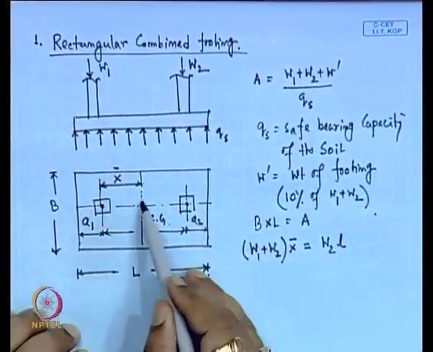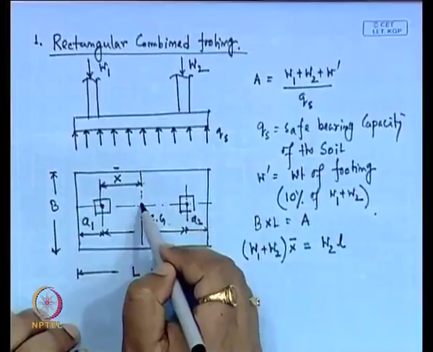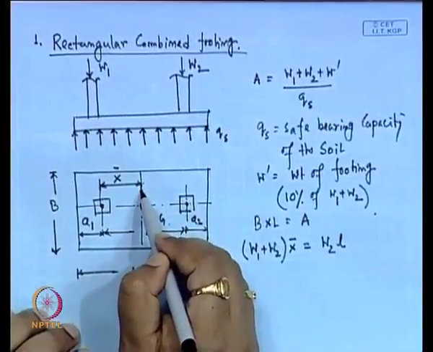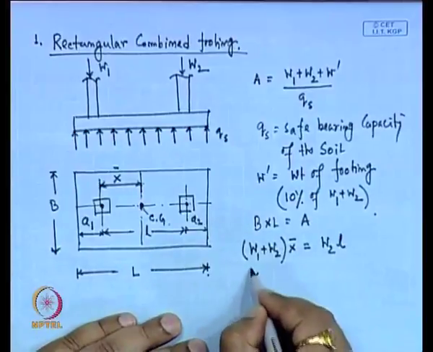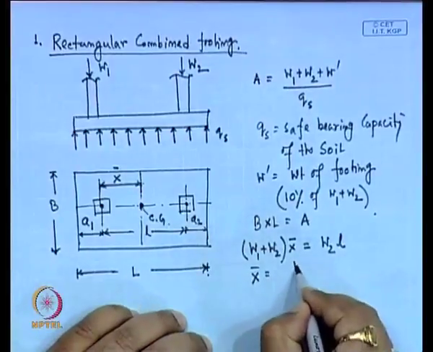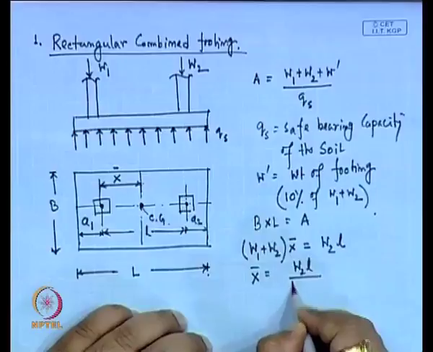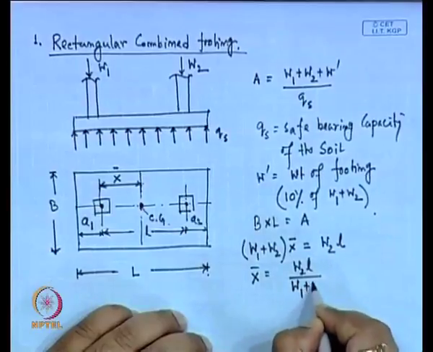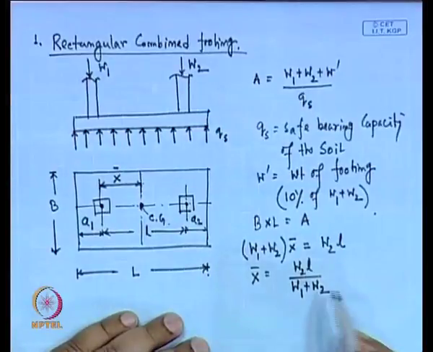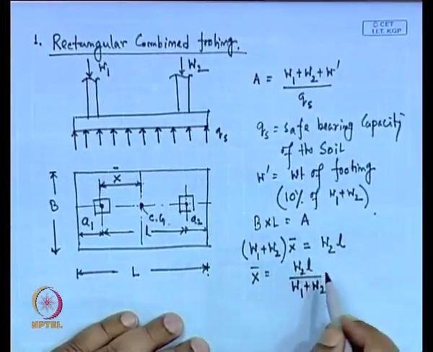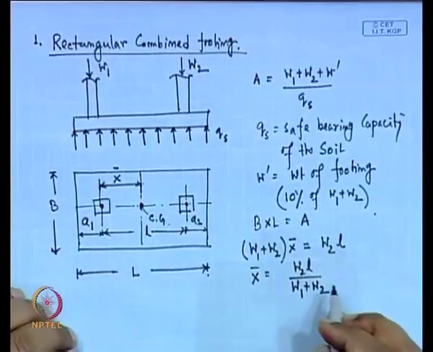This W1 plus W2 is acting at the CG, and this is the x bar. So, x bar will be W2 into l divided by W1 plus W2. Here W1, W2 and small l are known.